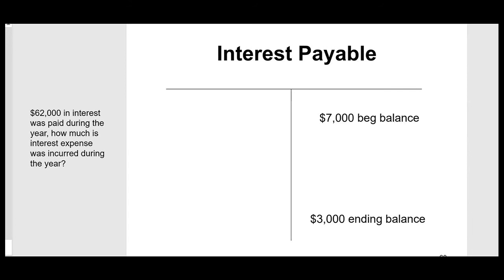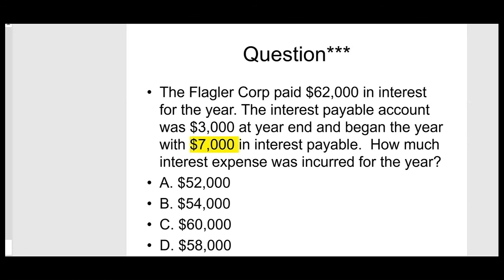Because you took cash and you paid off your payable. So because interest payable dropped by $4,000, that means you paid $4,000 more in interest than what was incurred. Now they told you that you paid $62,000 in cash for interest, so you must have incurred only what? $58,000, which happens to be answer choice D.